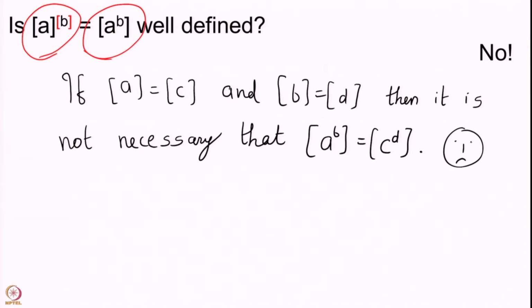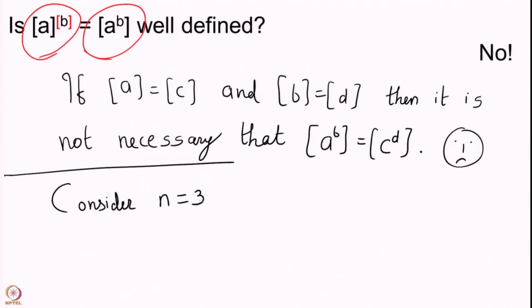So, to say that it is not necessary that this happens, we need to just give an example where this does not happen. So, we consider the example where n is 3, let us say. Let us take A equal to 2 and I will take B equal to 1.